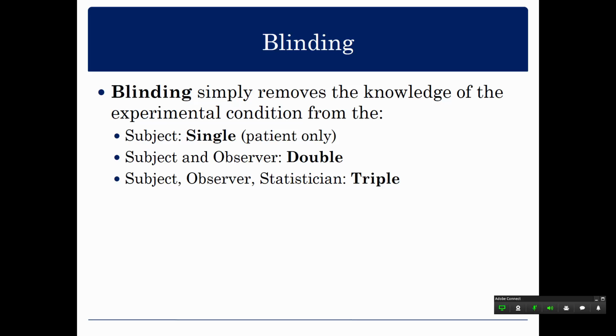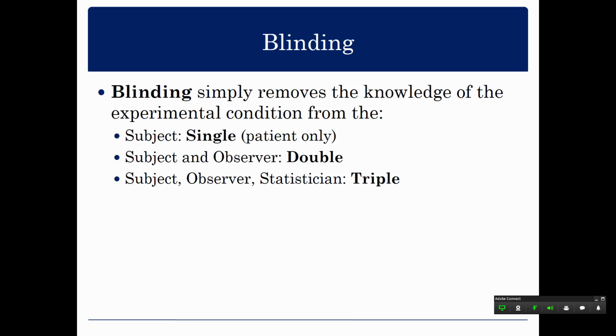Blinding is another protection in design. It simply removes the knowledge of the experimental condition from certain individuals involved in producing an outcome in the clinical trial. So if it's a single blind, we are blinding the patient only. A double blind is usually the patient and the physician, the person who's observing the patient's response.